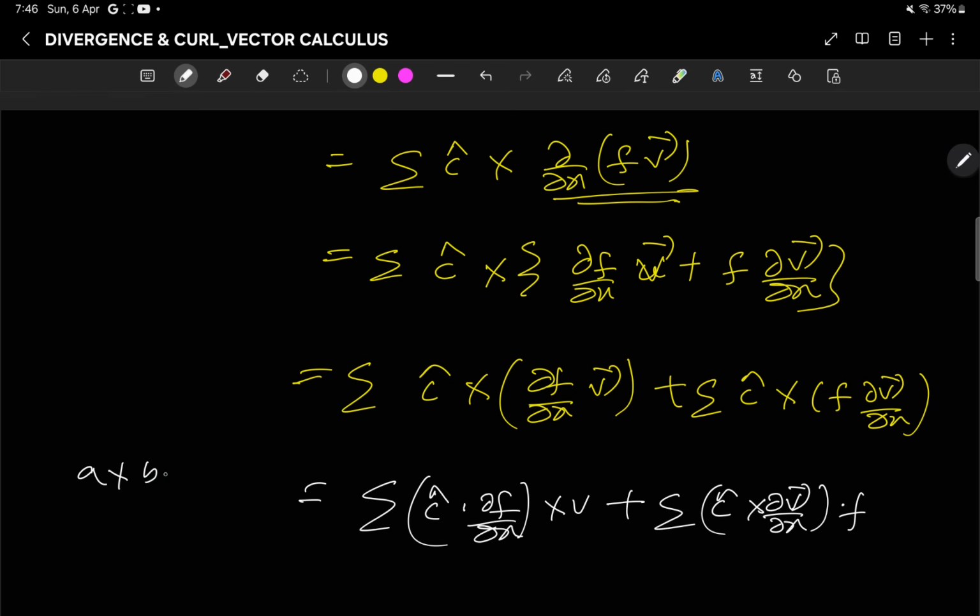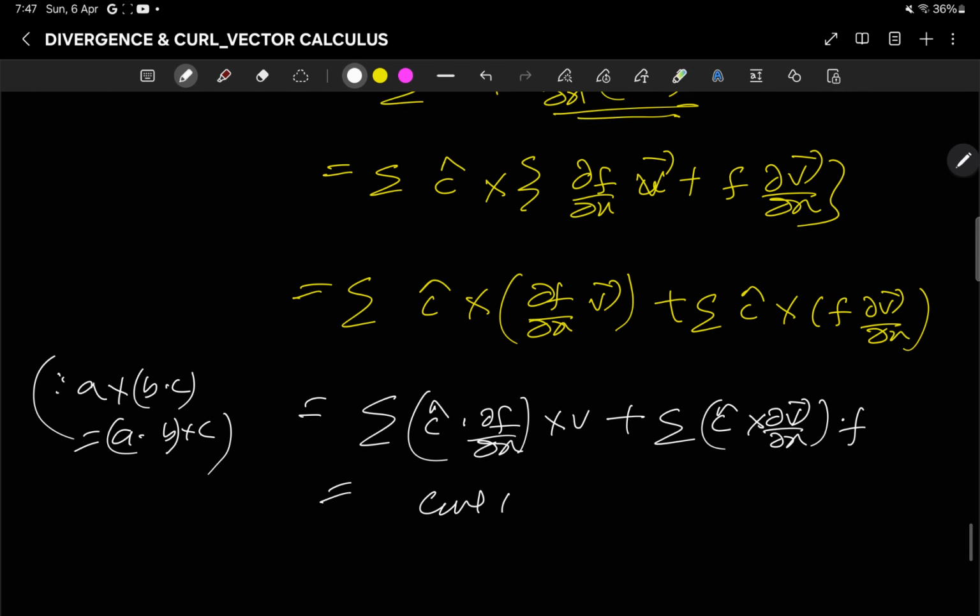Because a cross b dot c is a dot b cross c. So that is equal to curl f v plus curl v f.